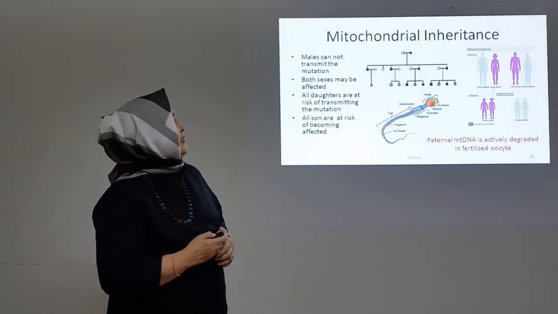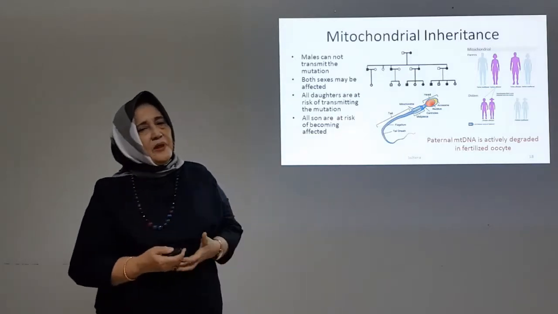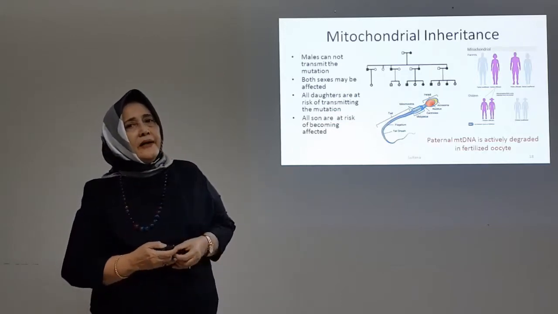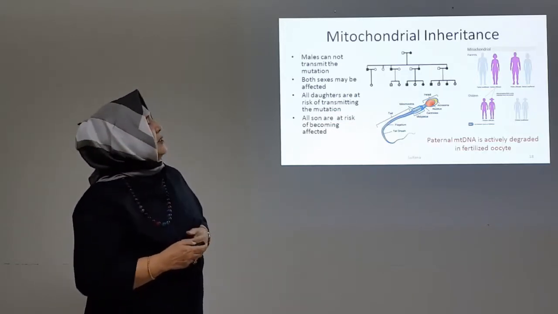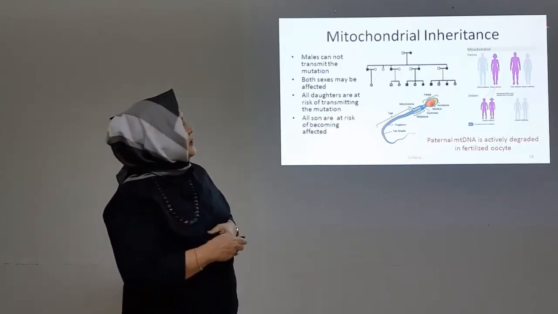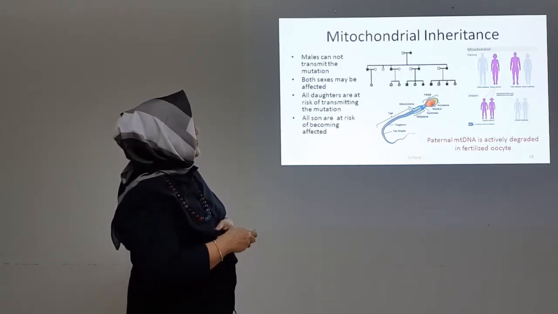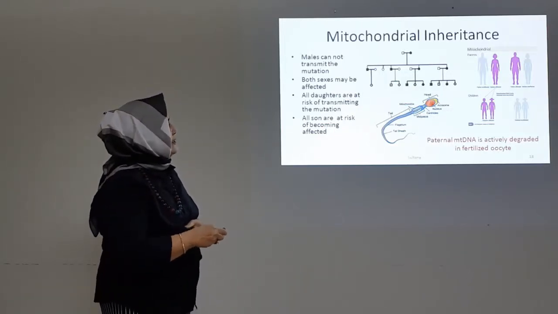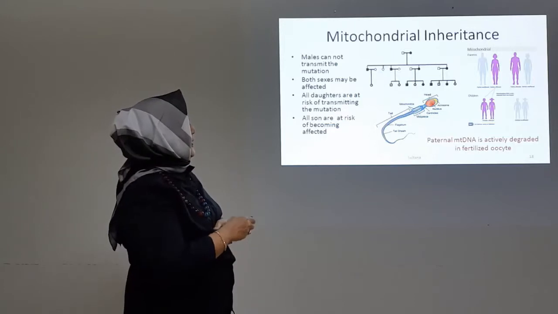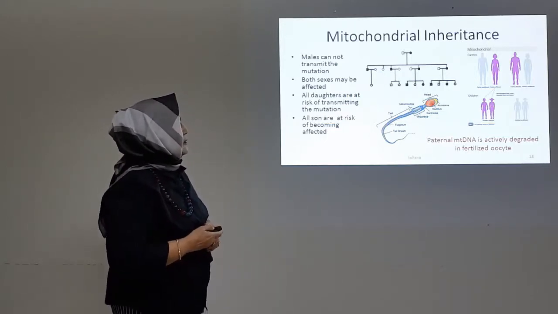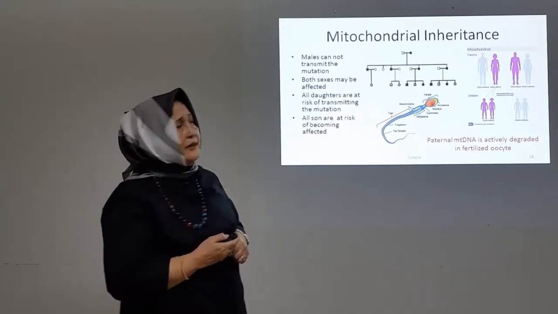The affected can be male, can be female, but the abnormal gene is only inherited through the woman. Why? Because, you see this picture of the sperm. The mitochondria is actually in the tail of the sperm. When fertilization happens, the tail will not go through the zona pellucida of the oocyte.